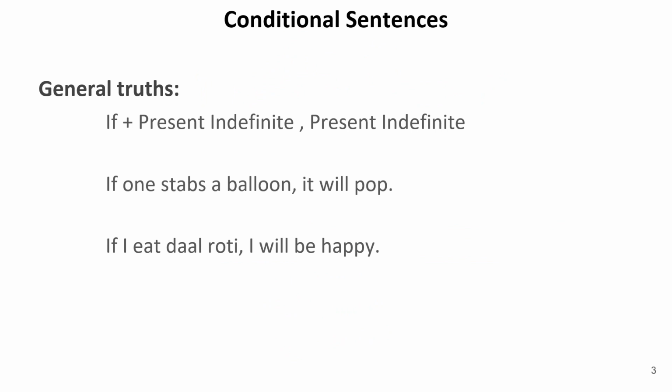Now, for general truths, this is type 0 condition. Why are we saying this 0 condition? Because in these sentences we write those which are general truths, which always happen the same, constant. For example, if we do something that causes something else, that is a universal truth or a scientific fact that always remains constant.